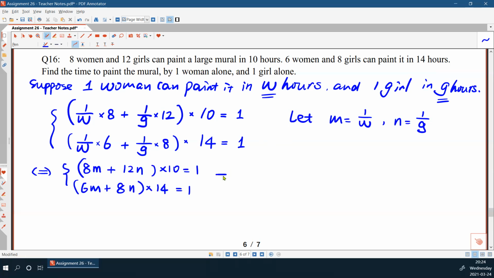So that means 8M plus 12N equals 1 over 10, and 6M plus 8N equals 1 over 16, right?